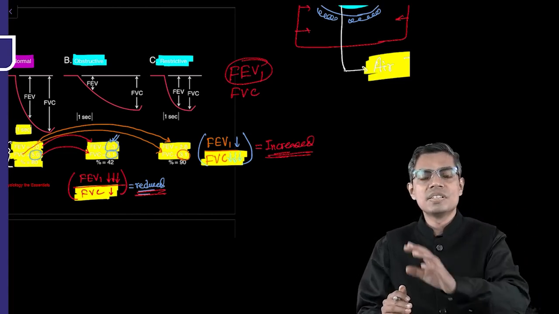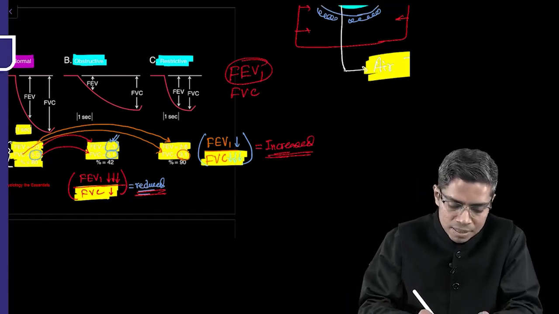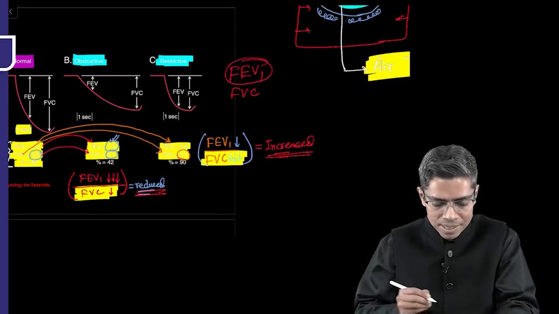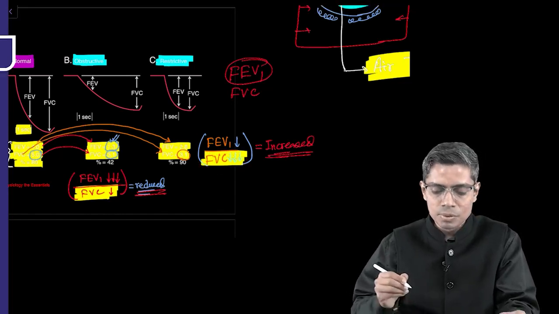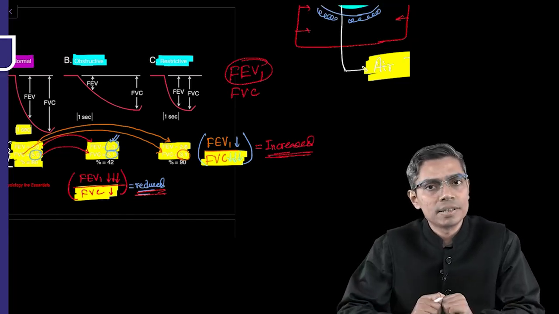But obstructive means the FEV1 reduces much more than that of the FVC, and restrictive disease means FVC reduces much more than FEV1. That's why the ratio will be altered.